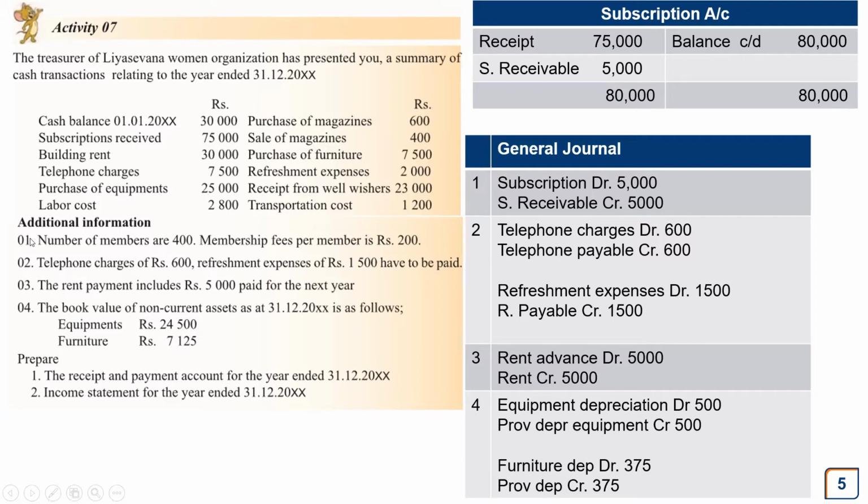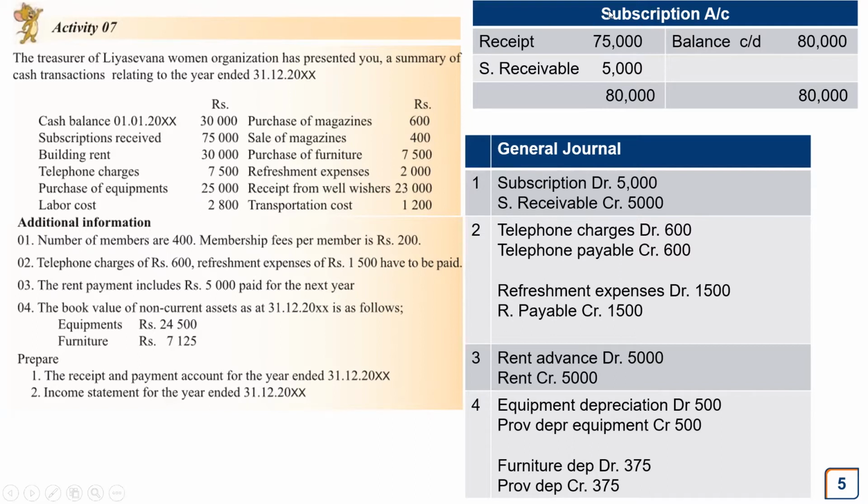The first one is that the number of members is 400 and the membership fee per member is 200. So you have to multiply 400 by 200. The answer is 80,000. But what we have received is just 75,000. Since we are making these accounts for the year ended, we need to add 5,000 more.